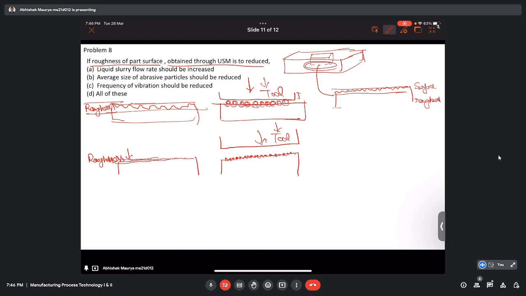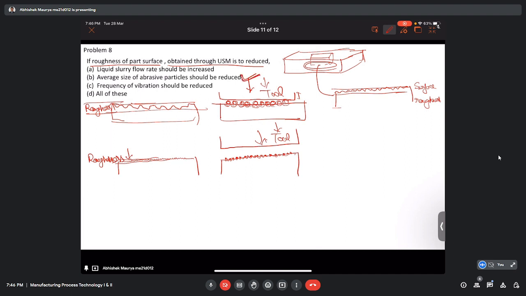If we use bigger size slurry particles, then we will get higher roughness, and if we use a smaller size of abrasive particles in the slurry, then we will get good surface finish and the surface roughness value will be low. So the correct answer for this problem is this one.